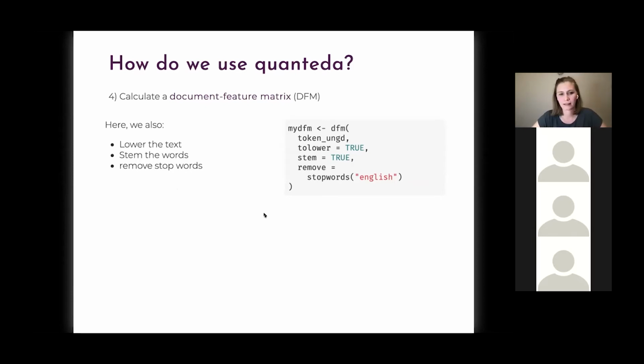This is, as I said, the basic things that I always do when I work with the data. And then in the last step, we generate the DFM. For that, we can also add some things, and that's what we're doing here. So we not only generate the DFM with the token object that we had before, here, the token underscore UNGD, but we also lower the text, because for English, it doesn't really make a difference whether a word starts with a capital or not.